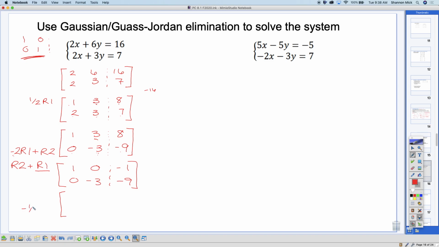Okay, so -1/3 R2. Did you get 1 and 3? So what's my answer? -1. It should be +3.